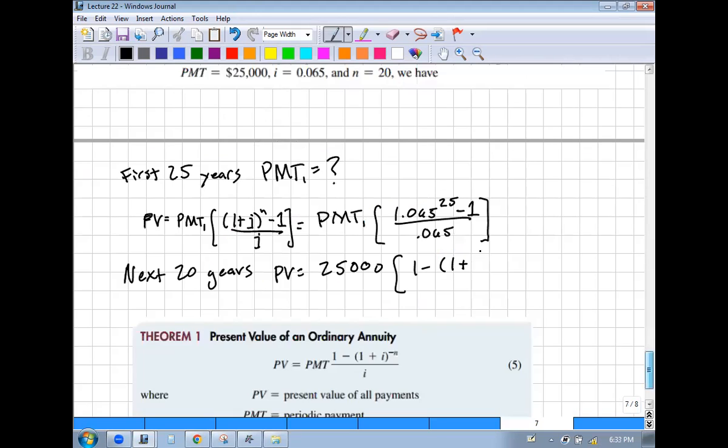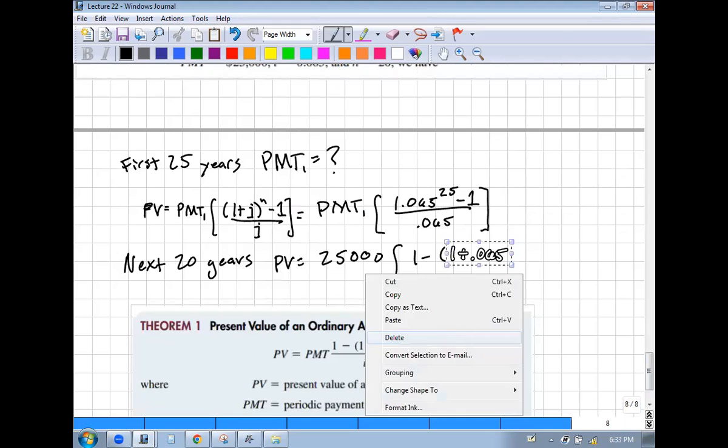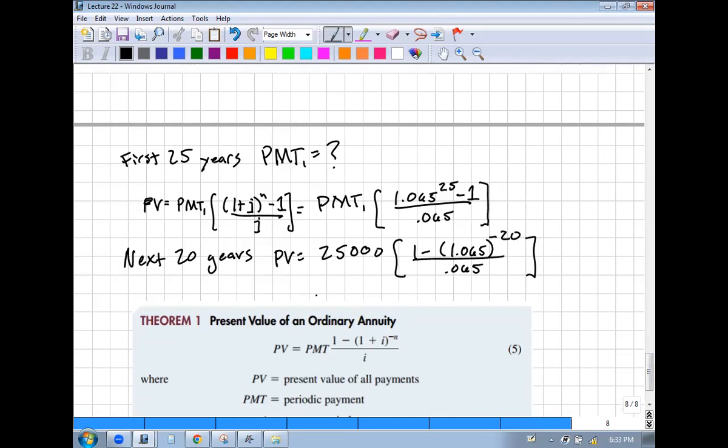So it's still 0.065. So we can just write this as 1.065, to the minus n. Well, this is 20 years instead of 25. And then we have over I. All right, so that's what happens the second 25 years.